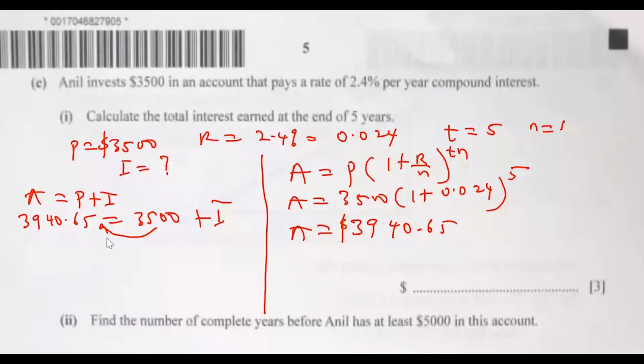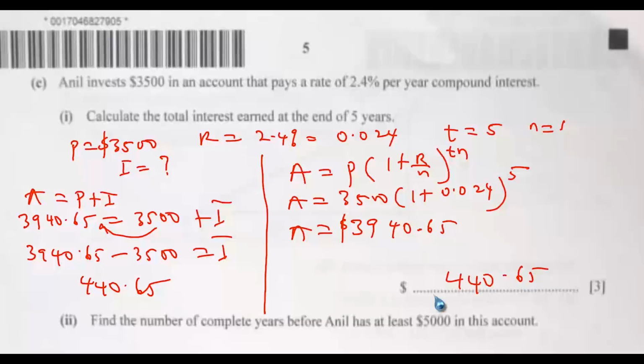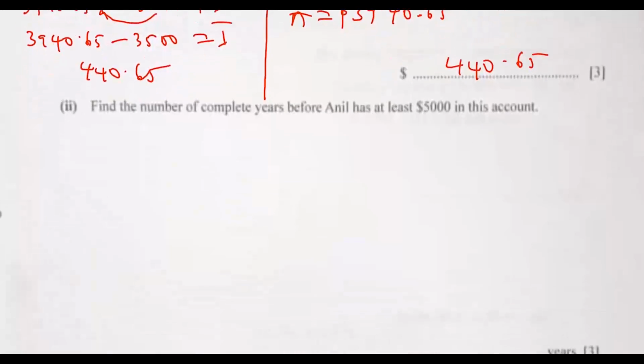So you need to do 3940.65 subtract 3500. That will be your interest. If you take your calculator, this should give you 440.65. So that means you're going to have $440.65 as the interest. So let's scroll down for the Roman figure 2.